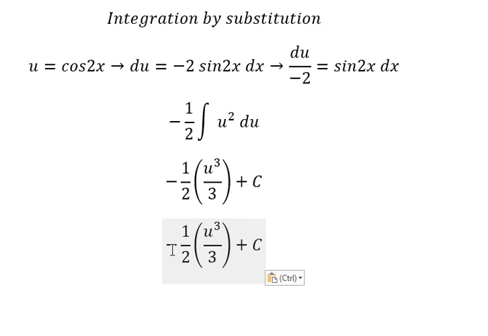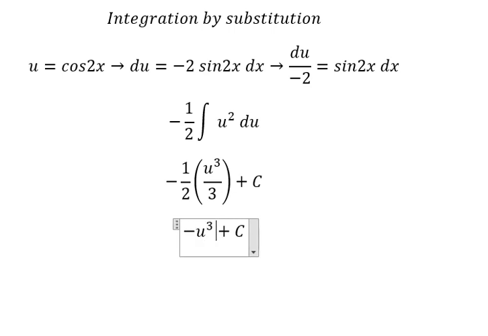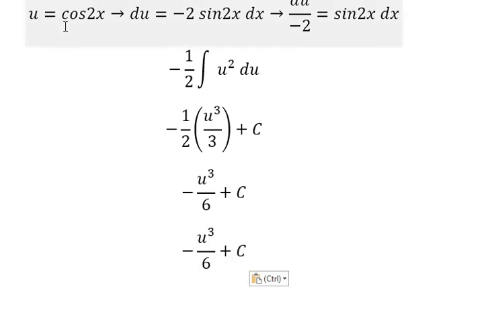So negative 2 multiplied by 3, you got negative 6. About u, that is cosine 2x.